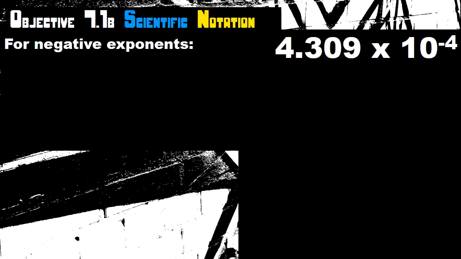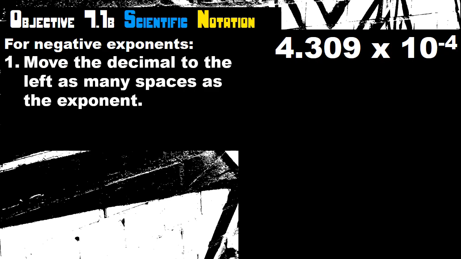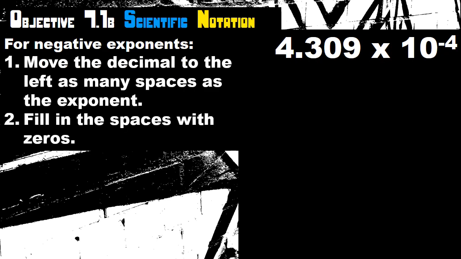So let's try this one as our last example here in the video. We're just going to follow the same steps. So we have 4.309, and it's going to be to the -4th power. That's going to tell us we need to go to the left. So we're making a decimal here. We have our decimal already there between 4 and 3. Let's move it 4 places to the left.